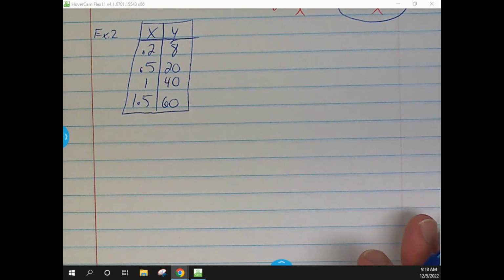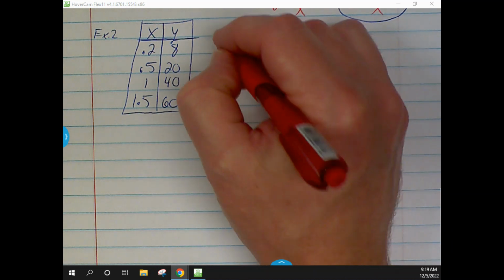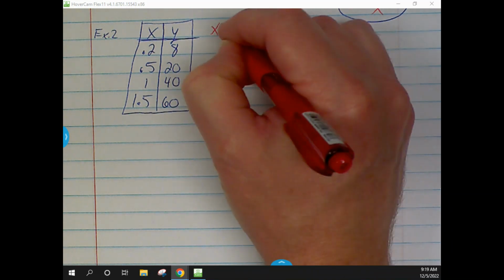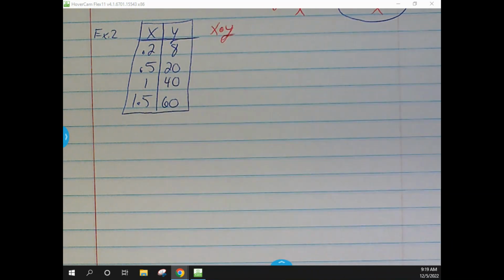Sometimes you can look at it and get an idea of what's happening, and sometimes you can't, because sometimes the numbers look really good but you don't know until you actually check them. So first thing we're going to do for the k value is take the easy part: do x times y and see if we get the same number every time.